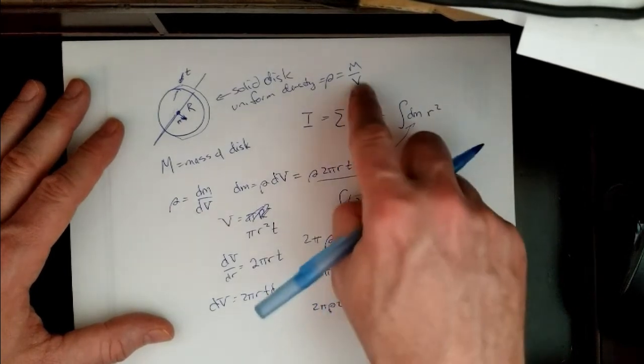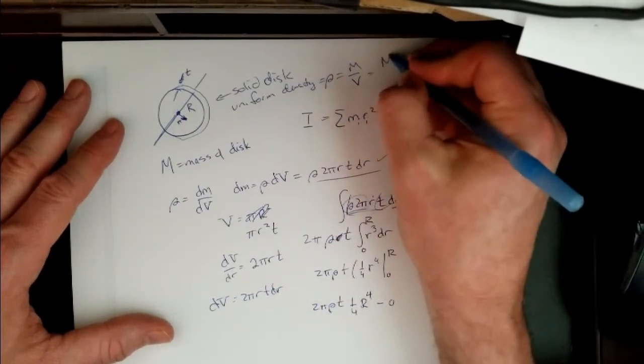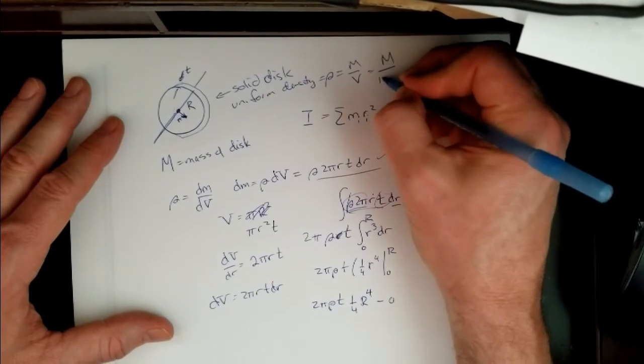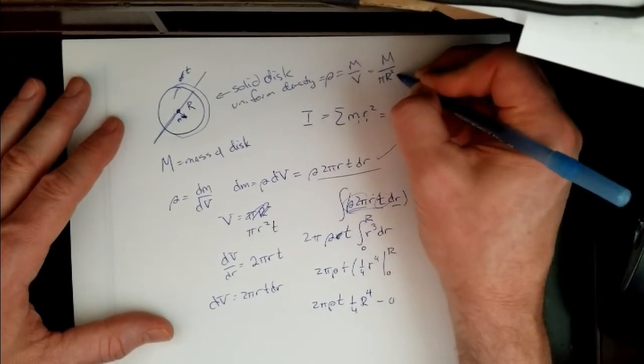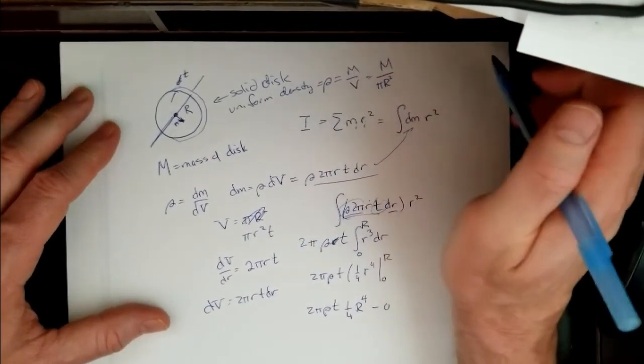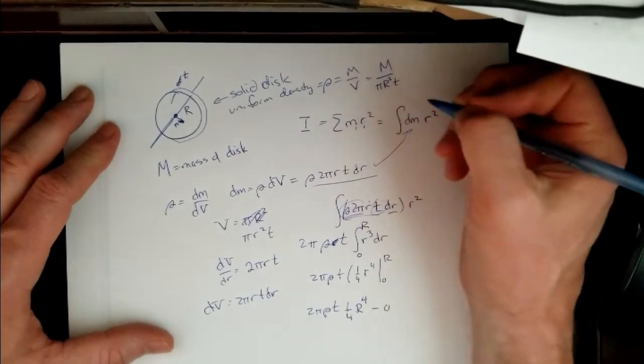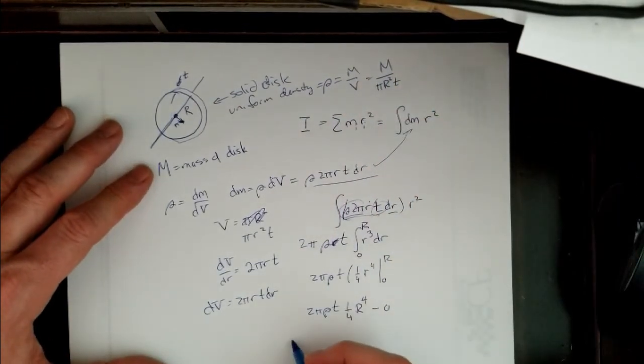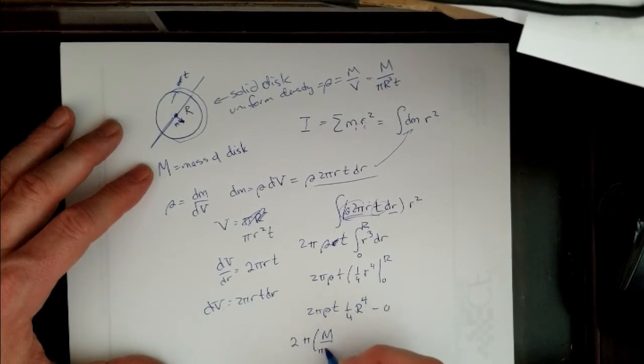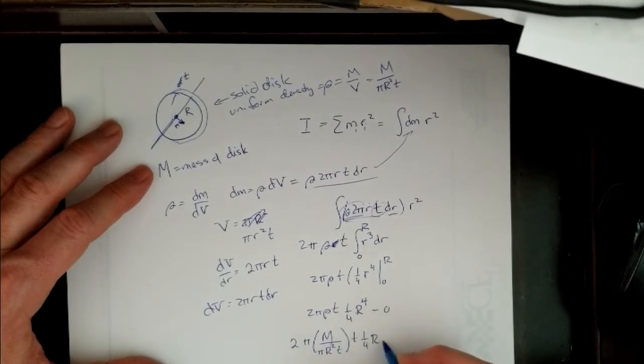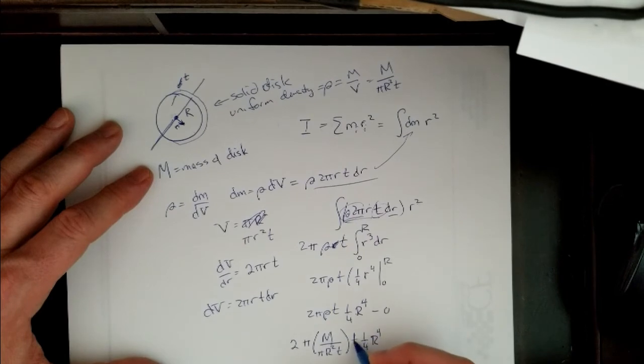Rho is big M, the mass, over the volume, so this is mass over pi big R squared times the thickness. And so I have 2 pi big M over pi R squared times the thickness, times 1/4 R to the 4th.